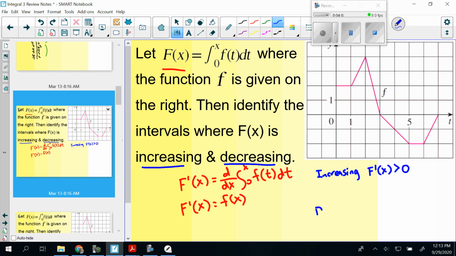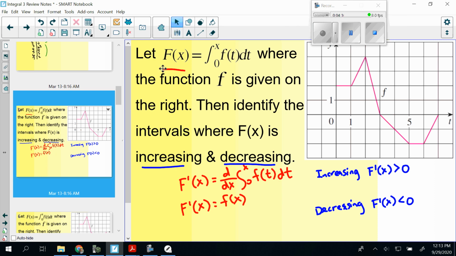It's going to be decreasing anywhere our derivative is negative, or less than 0. We can find that out knowing that our derivative is the same as the graph shown in this picture up here.